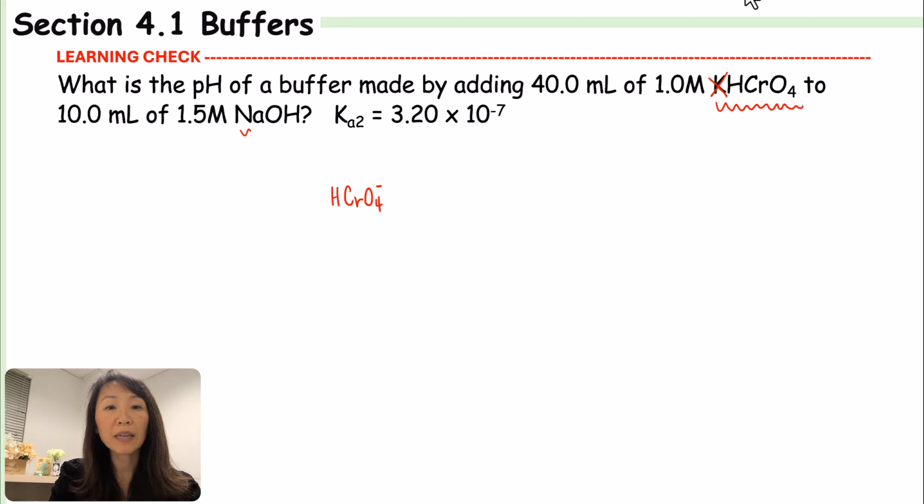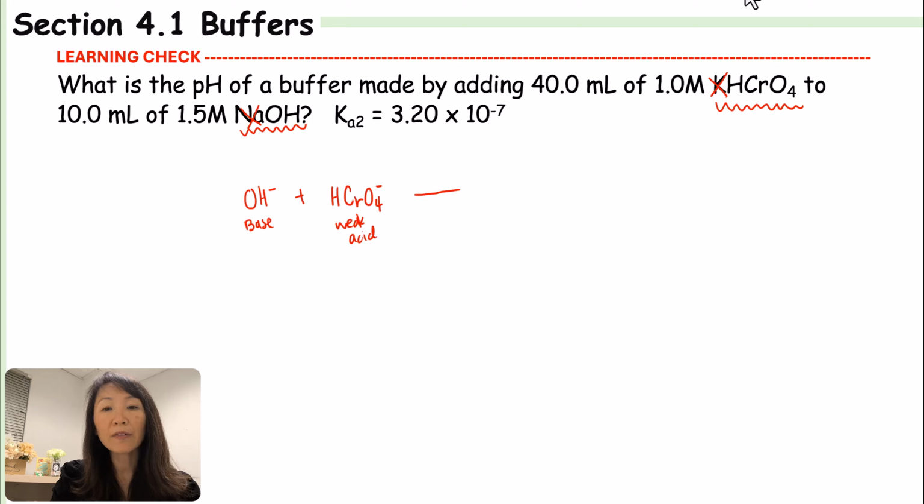What's the spectator ion here? Hopefully you're able to say sodium, and sodium is the spectator ion, so therefore this is just OH minus. So we have our base here, and we have our weak acid here.